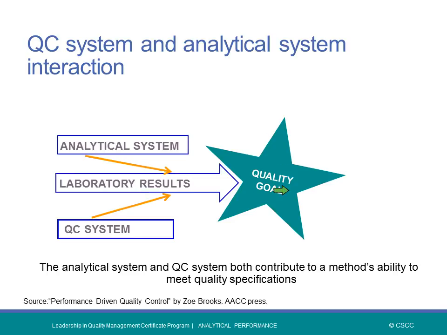Laboratory results is what we produce, but producing good quality results involves good analytical systems, so good quality assurance up front in evaluating and validating systems, but also having a good sensitive QC system to support for the long term to assure quality of the system as we move forward.